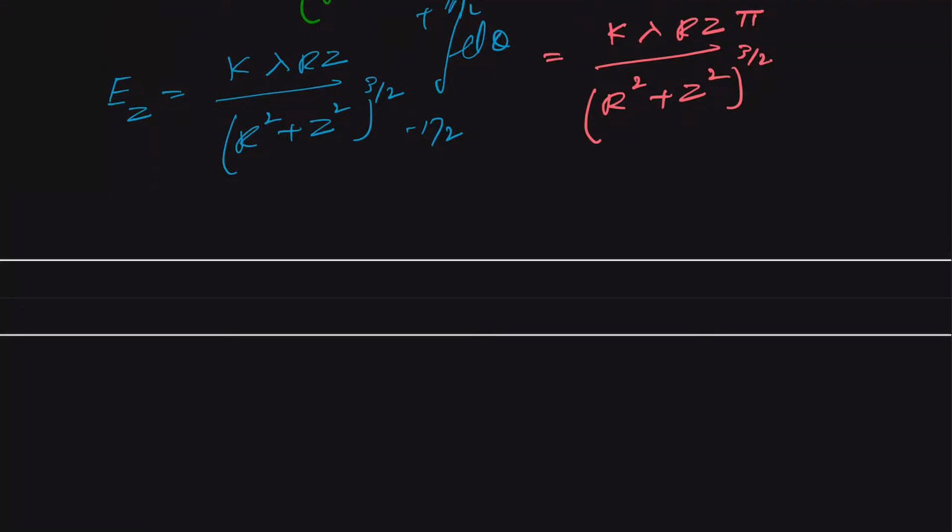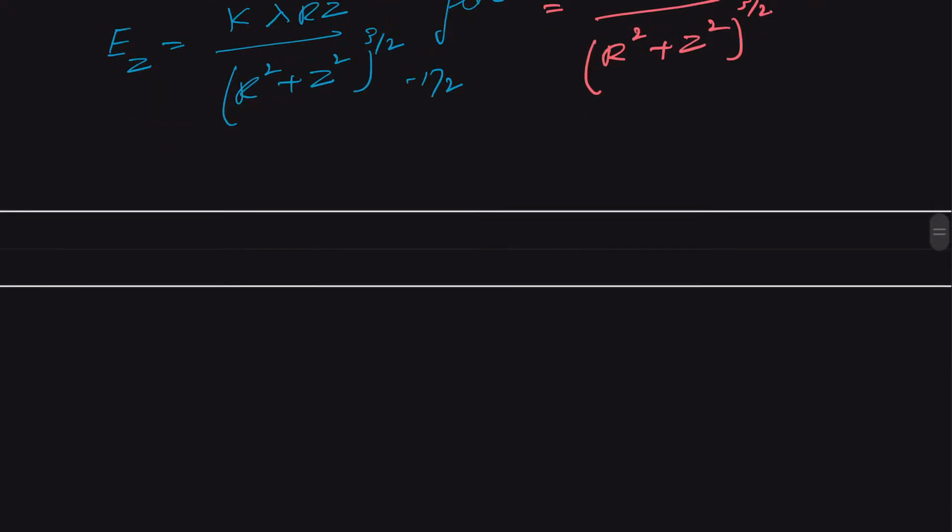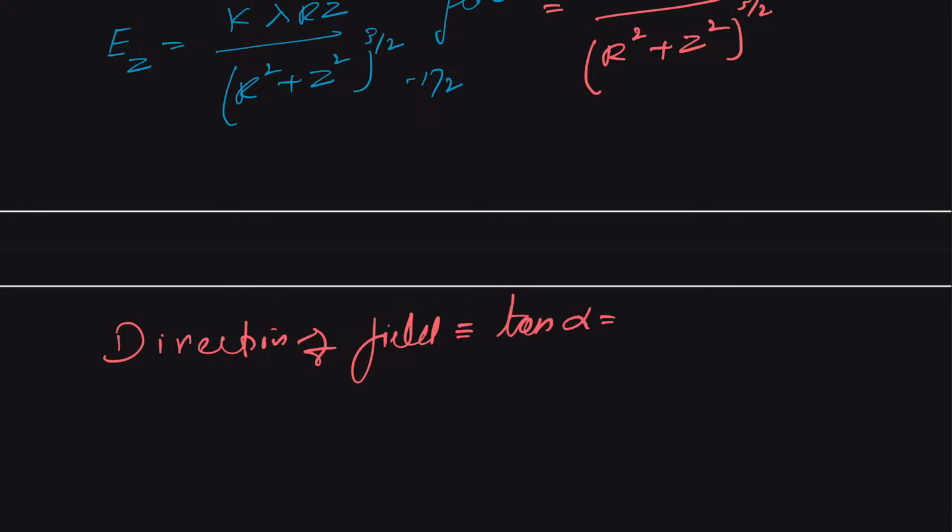We can also say this is nothing but the direction of the electric field. So the direction of the field we can represent as tangent of alpha, which will be equal to z component over x component.